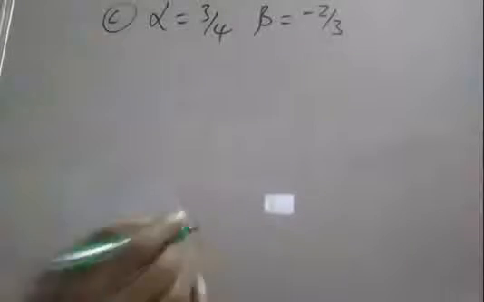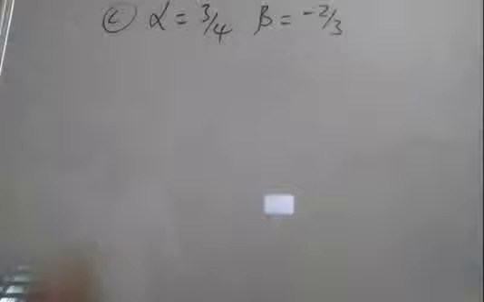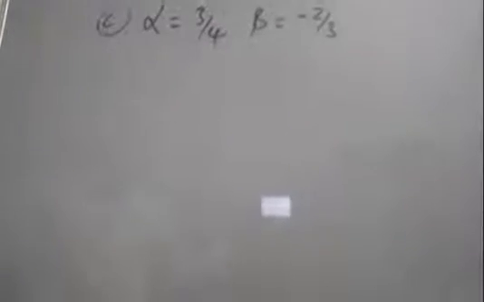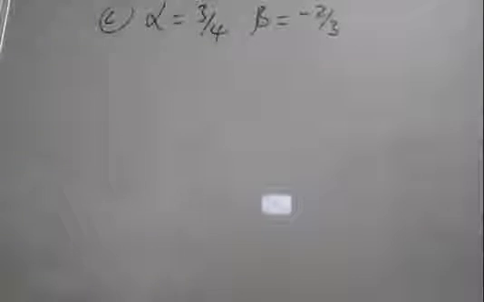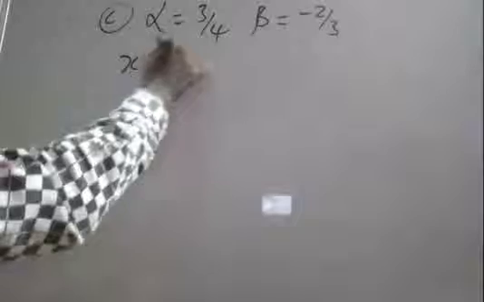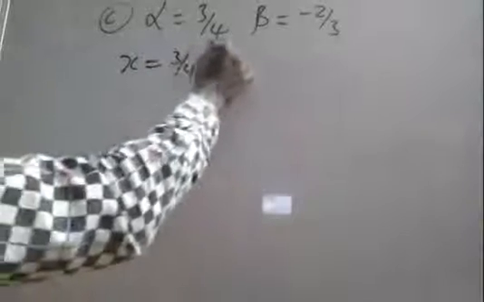So I want to use the other method for C. You have alpha equals 3 over 4 and beta equals minus 2 over 3. So I will say x equals 3 over 4 or x equals minus 2 over 3.